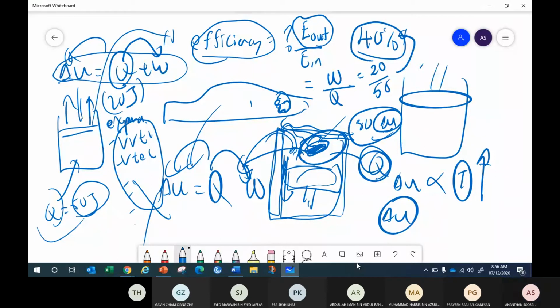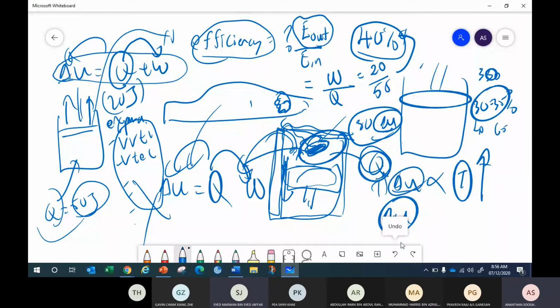Anyone can search from the net. 30 to 35%, the gasoline engine. You check from the net. So 30 to 35% means what? About 65% is all converted to internal energy, raising the temperature.